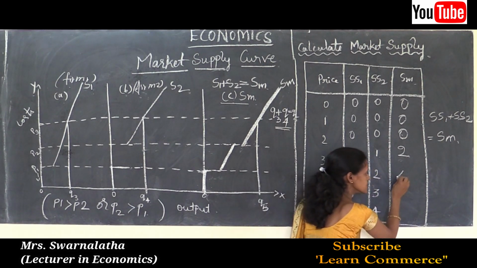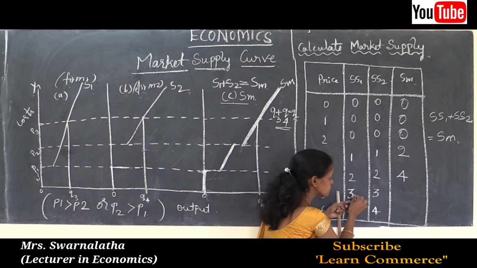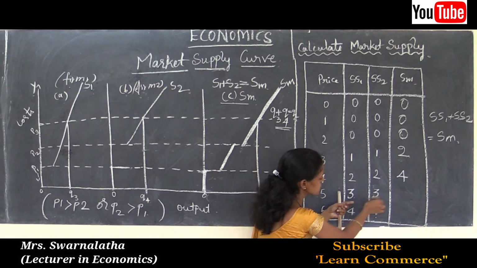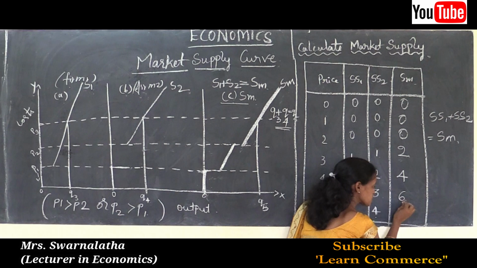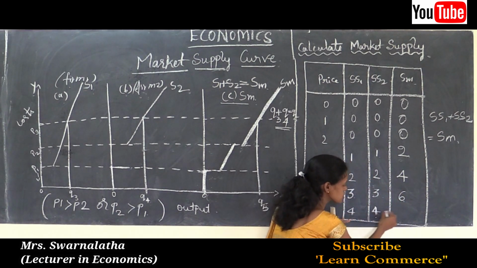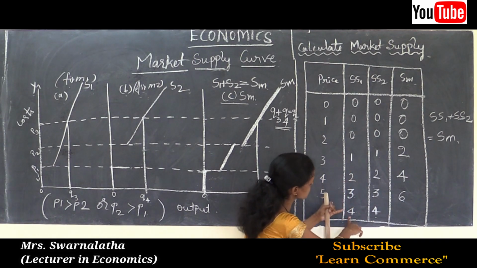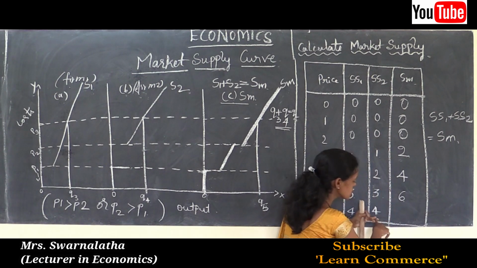2 plus 2 is 4, and here also the same: 3 plus 3, firm 1 produces 3 units and firm 2 produces 3 units. Together they form 6 units of total market supply. Here 4 plus 4, that is firm 1 market supply is 4 units and firm 2 supply is 4 units.